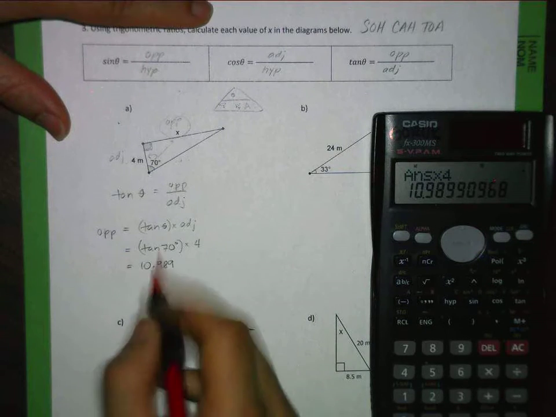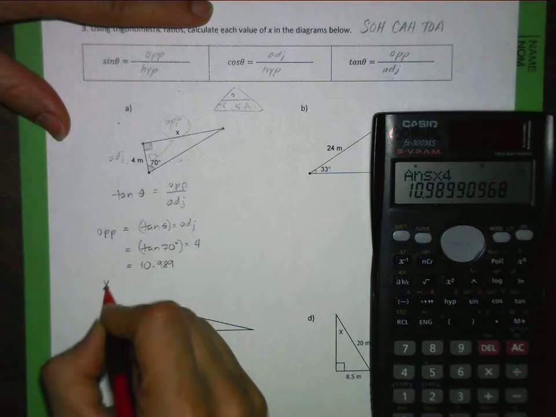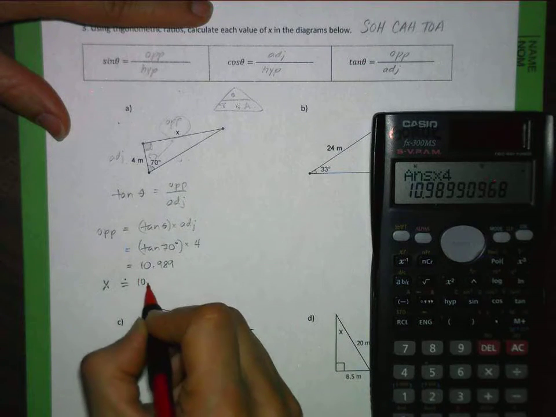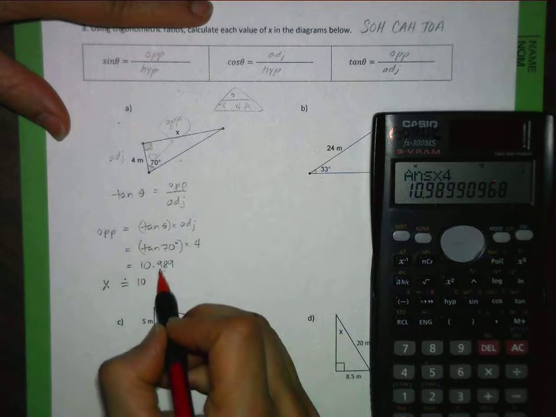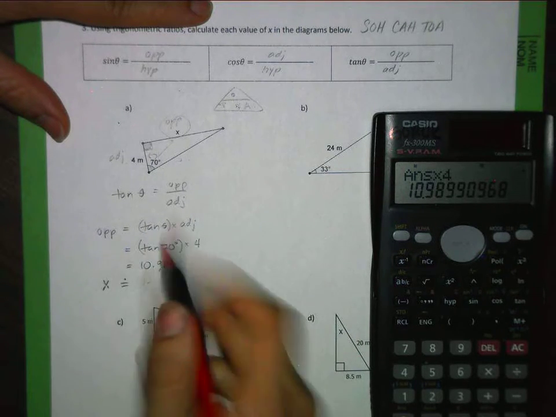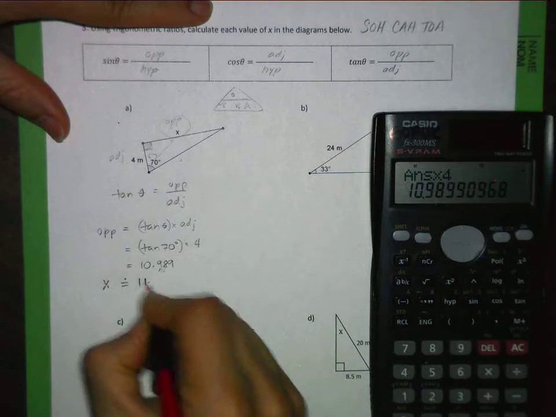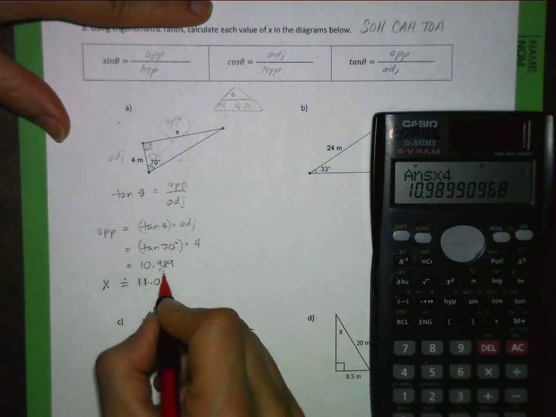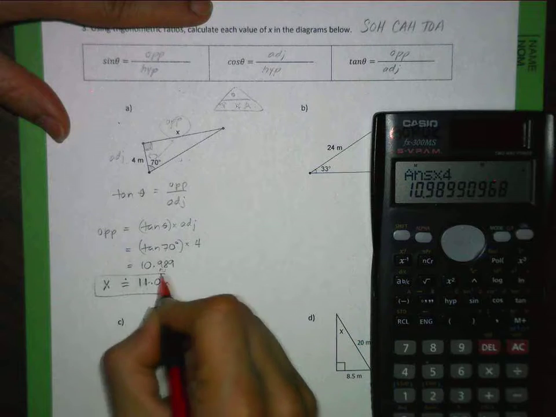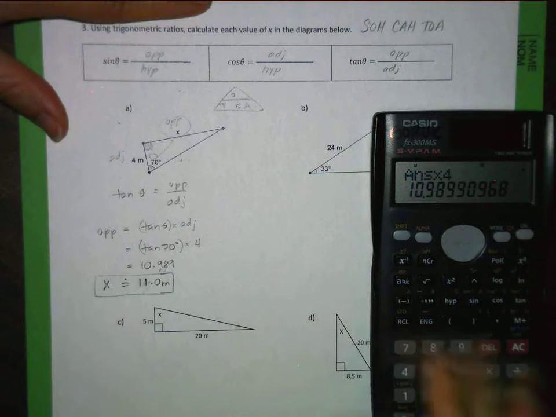Let's round that to 1 decimal place, so that's actually x in this case. X is equal to 10. Whoa, this is a tricky one because this 8 pushes that up 1, and that's already a 9, so that's going to push up to 11, and that's going to be a 0. And that had units of meters, so this must have a unit of meters.